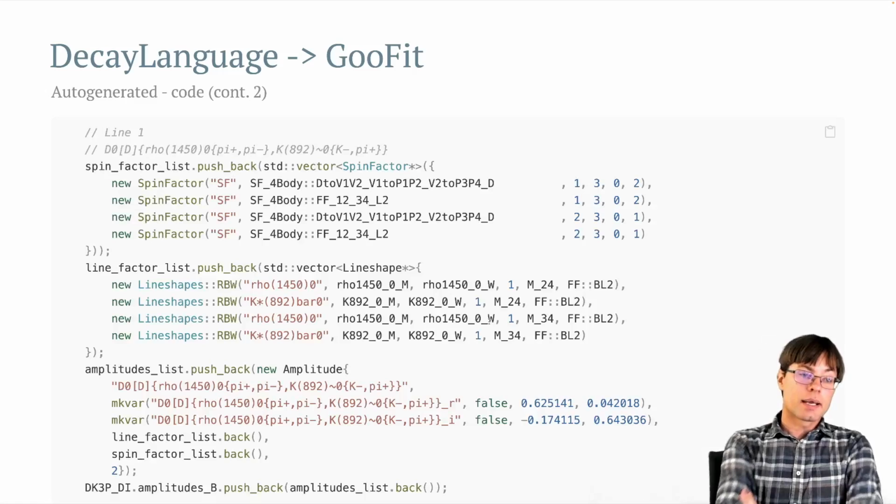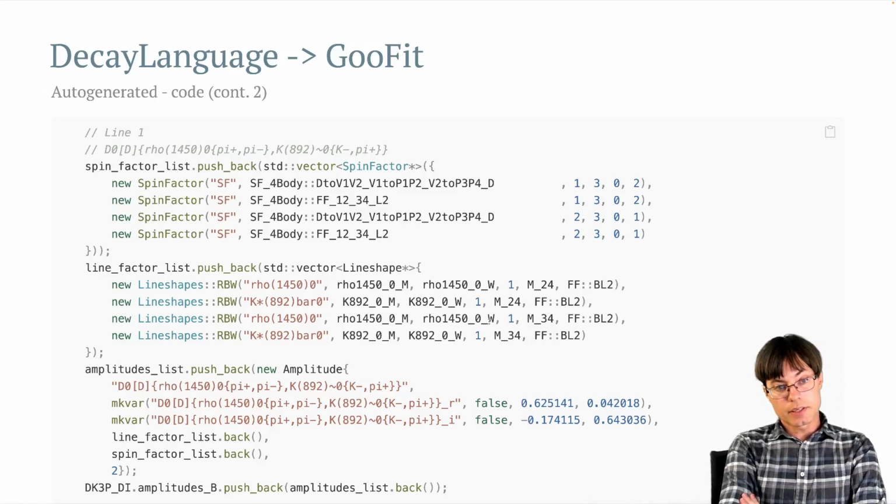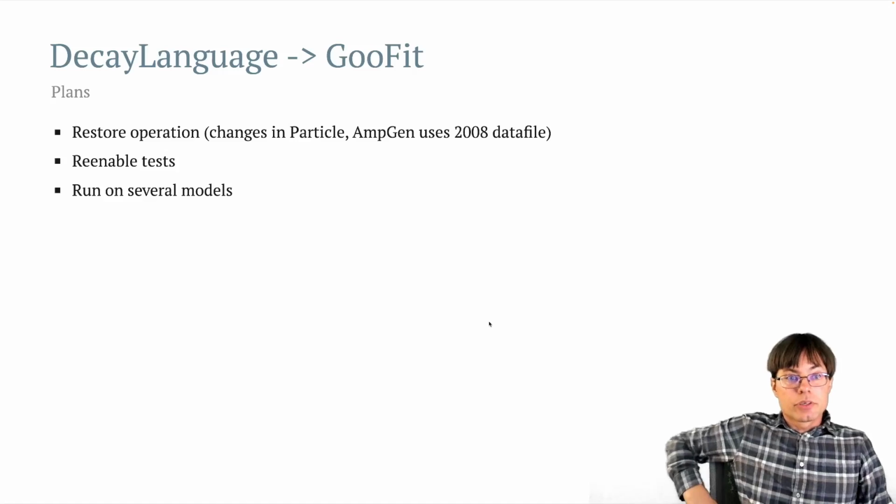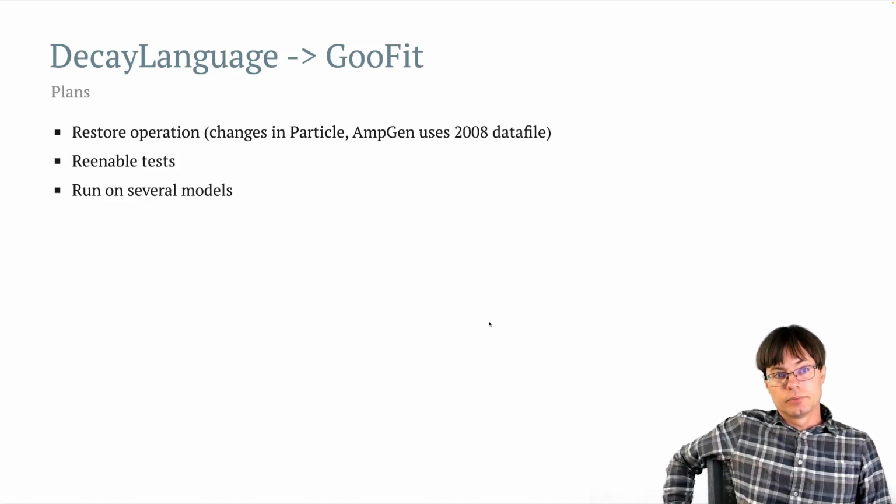And this is what an actual line looks like. This is the first one, and you see that it's specifying the spin factors, loading in the line factors, combining those into a new amplitude, and pushing that into the list of amplitudes.